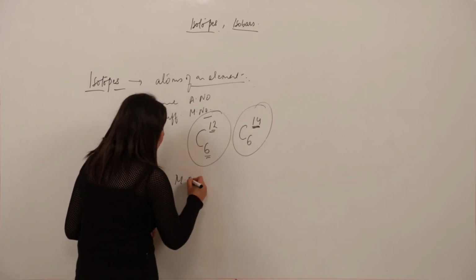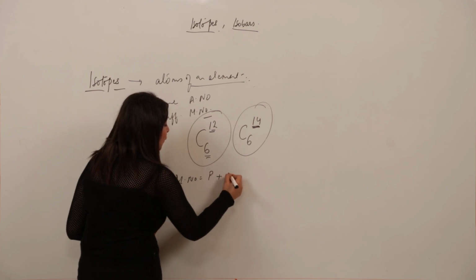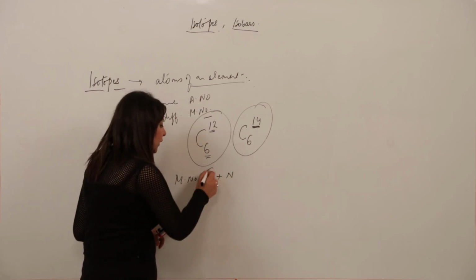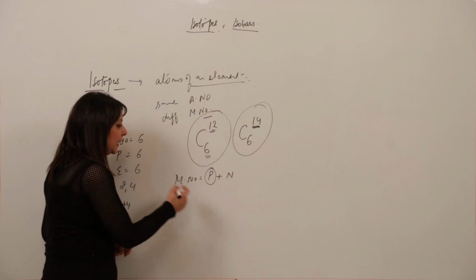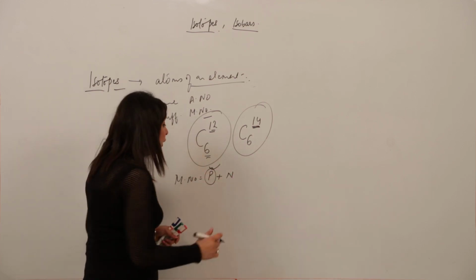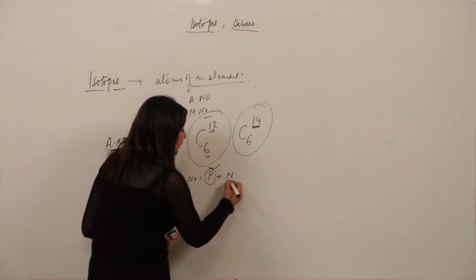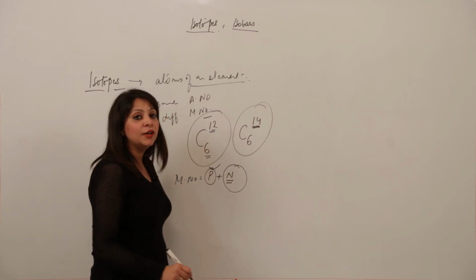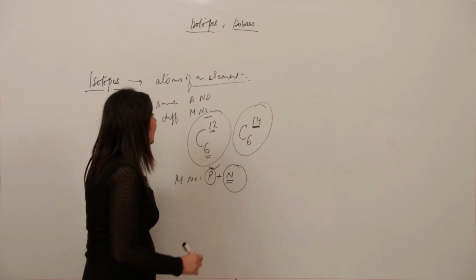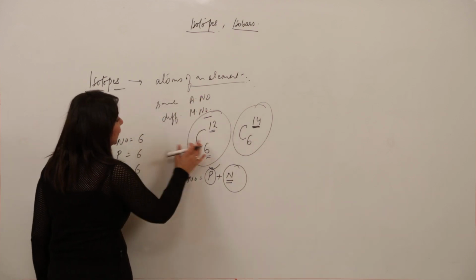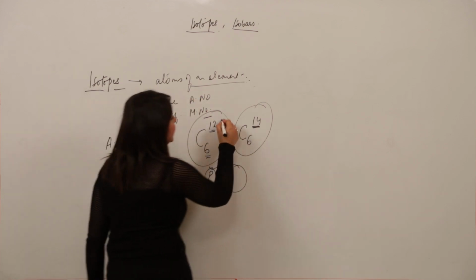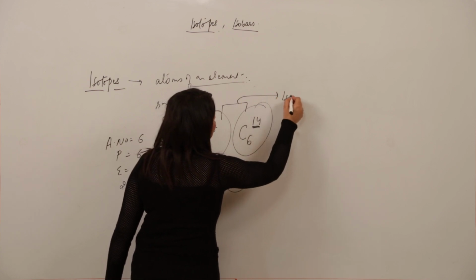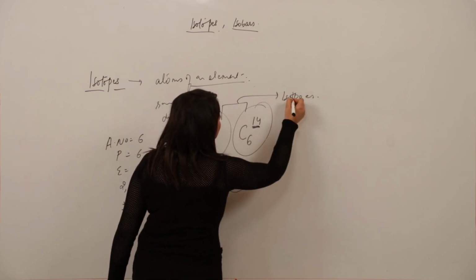Mass number is the sum of protons and neutrons. The atomic number is the same, so the protons are the same. So in which aspect do they differ? They differ in the number of neutrons. That is why the relation between these atoms is that they are isotopes.